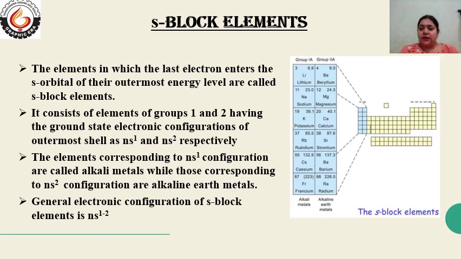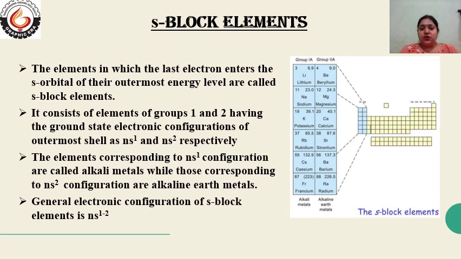All the elements present in these groups are known as s block elements. Talking about their configuration, the last electron enters the s orbital of all the elements present in the s block.